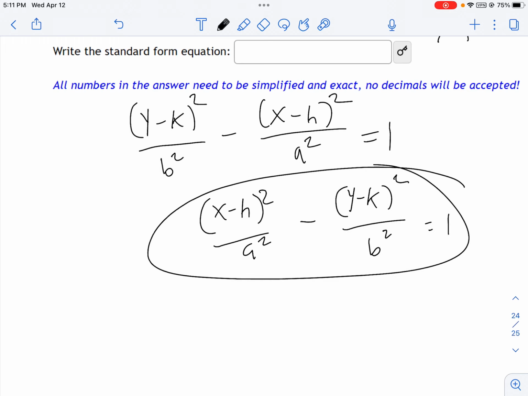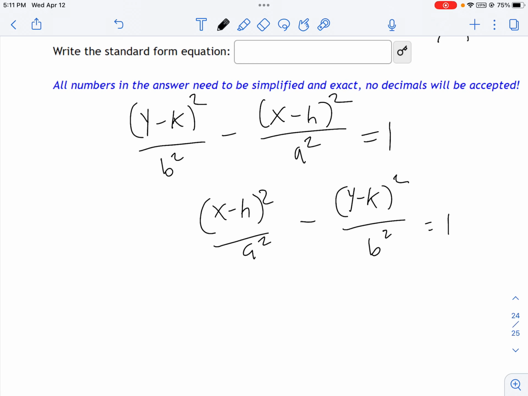This would be a horizontal hyperbola. This is your vertical. Okay, so whatever direction is positive is the one you're going in, right? And then the one you're not is essentially the negative.